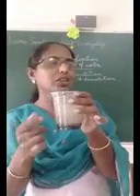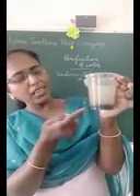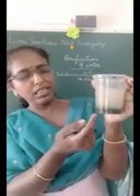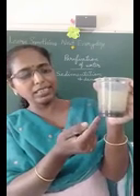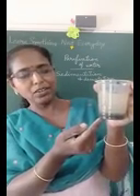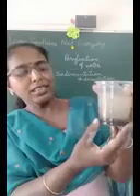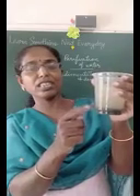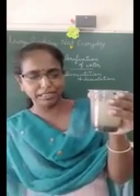You can see the clear water is on the top, and below the clear water you can see the dirt settled down. This is called sediment, and this method of purification of water is called sedimentation.